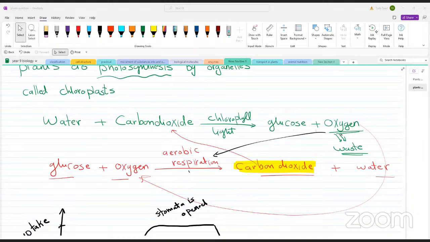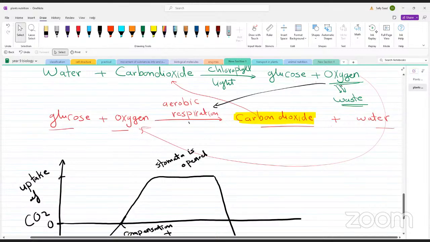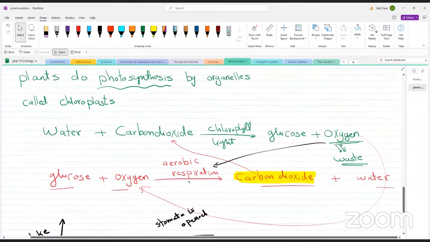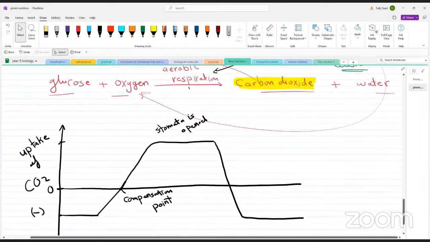Plants have to do respiration all the day, regardless there is light or not. Okay, respiration is going on. But photosynthesis rate could be varied according to the light intensity, according to if there is sunlight or not, right?